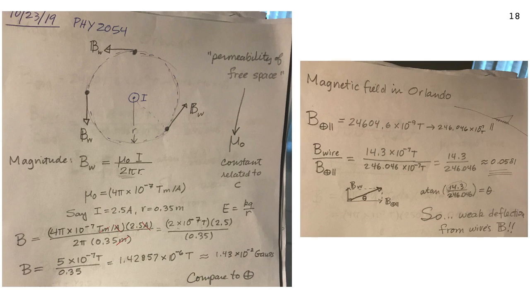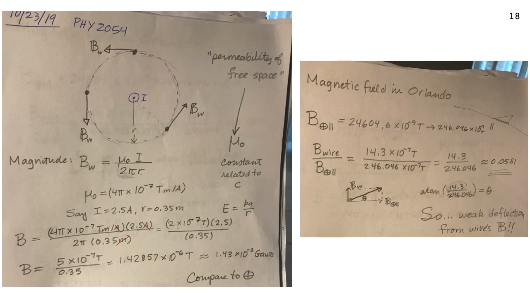Let me do this. 5 E minus 7 divided by 0.35. Okay, 1.42857 blah de blah times 10 to the minus 6 Tesla.